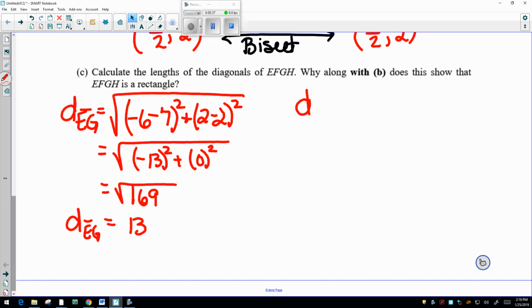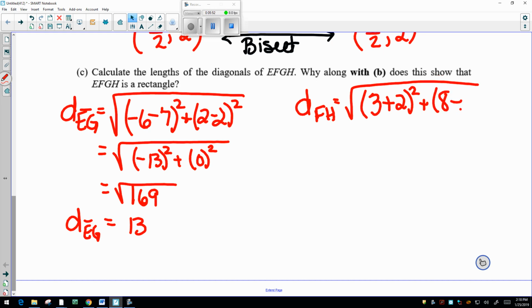So now we're going to do the same thing over here for FH. We're going to take the distance. So x2 minus x1, so minus a negative is plus a positive. And then we have y2 minus y1. Again, we're going to simplify the parentheses first. So 3 plus 2, we get 5 squared.